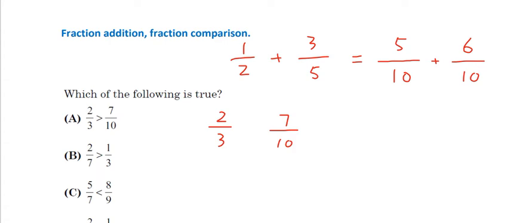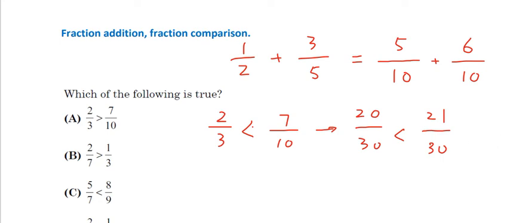We make the denominator the same, common denominator 30. So 2/3 becomes 20/30, multiplying by 10, and 7/10 we multiply by 3, so this becomes 21/30. So we can say this is actually less than, so A is not true.